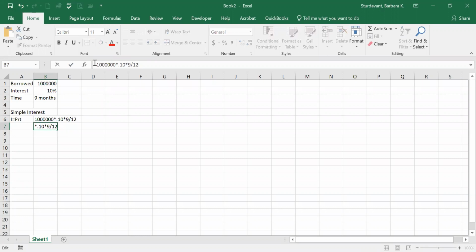And if I put an equal sign in front of it, it will actually calculate it for me. Okay. So that's the $1 million times 10% times 9/12. And I would suggest that you label this, because sometimes you have revenue, that this is interest expense. All right, questions?